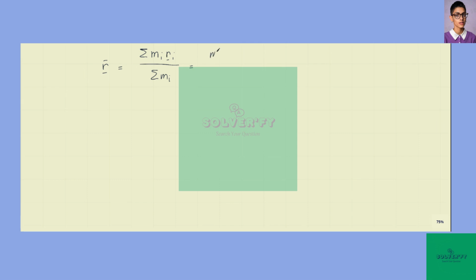And so this is m times a distance of d along unit vector I plus 2m into 2d times j plus 4m times 1.5d times k.